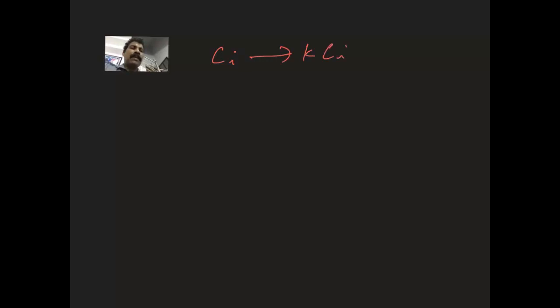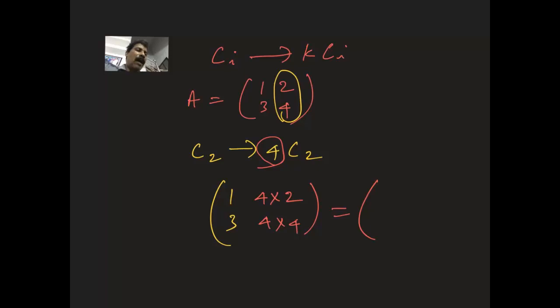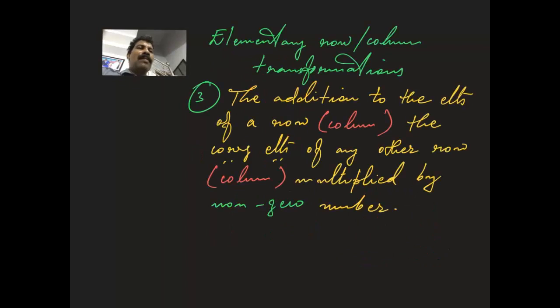We can make it clear, that is, if capital A is equal to the matrix 1, 2, 3, 4, and suppose we are transforming with the second column, that is C2 transformed as 4 times C2, then after transformation we shall have first column no change and second column that will be multiplied by the non-zero scalar k, so that is 4 times 2 and 4 times 4, that is we shall have 1, 8, 3, 16. That's all after transformation.